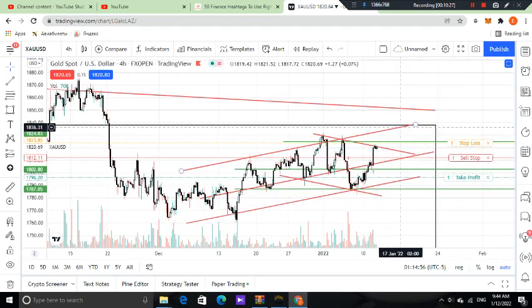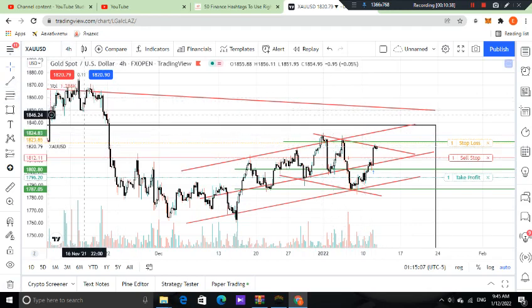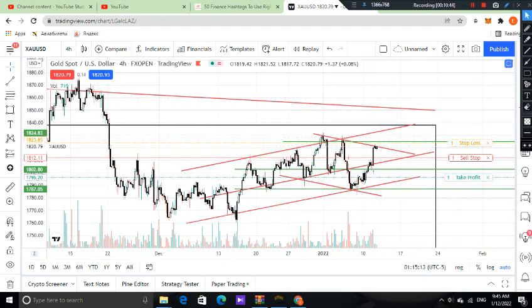In this bullish channel, as I said, in the daily time frame we are near the top of this trading range. We can see that on this chart, and we also have this bullish channel. If price hits this area, this level, yeah, it's a good time if you want a short position.